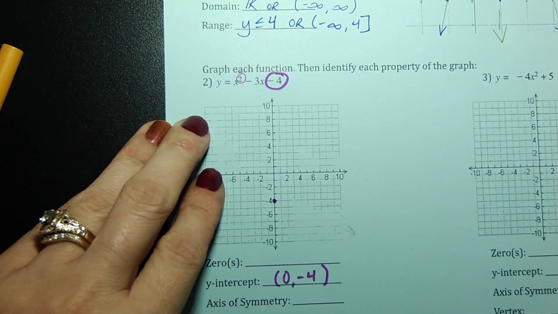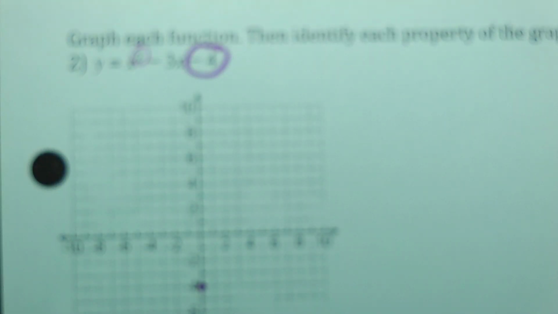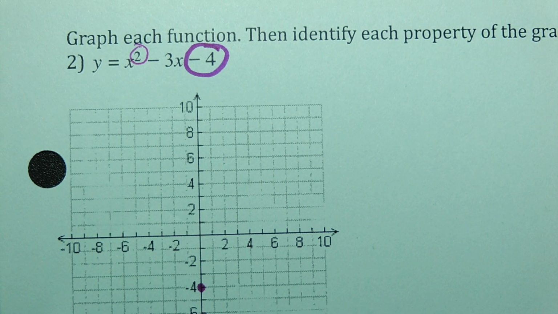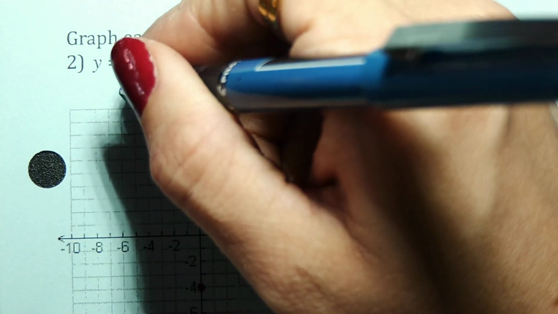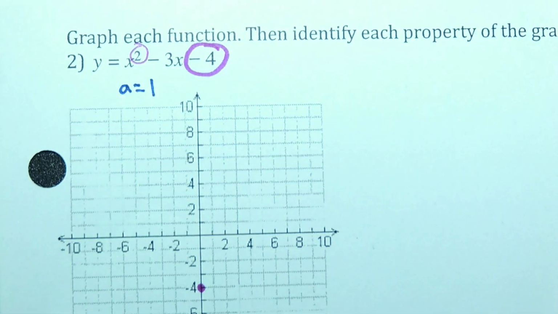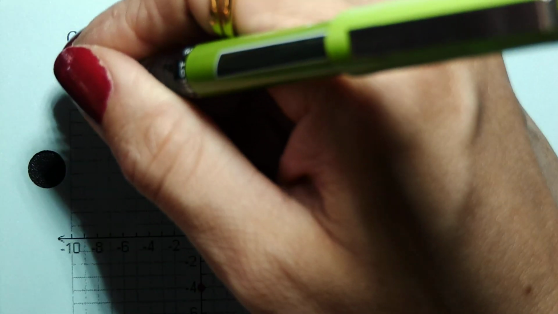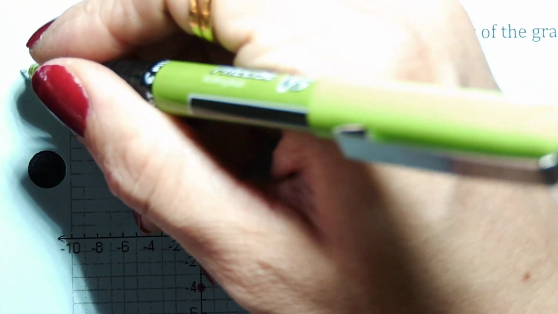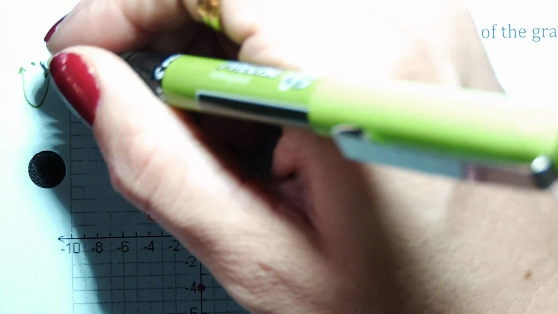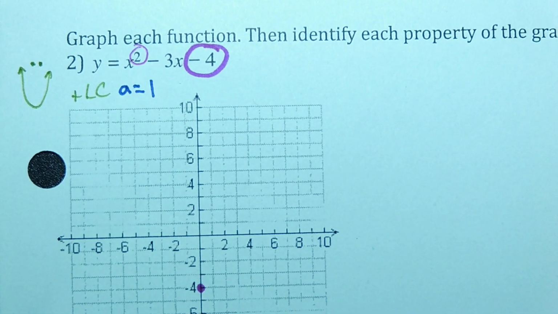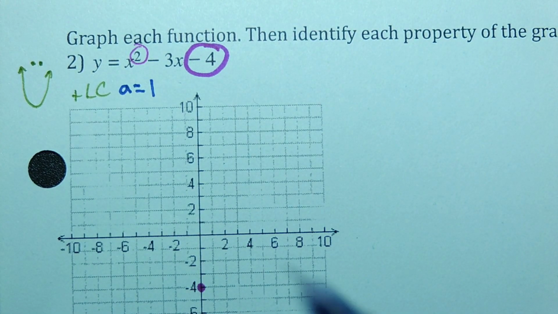So let's first look at the equation and see what our a, b, and c values are. So what's my coefficient of x squared? 1. So positive a value means positive leading coefficient. So that means we're going to have a happy quadratic. You don't have to write that. It's just kind of a nice thing to know as far as checking your graph is concerned.